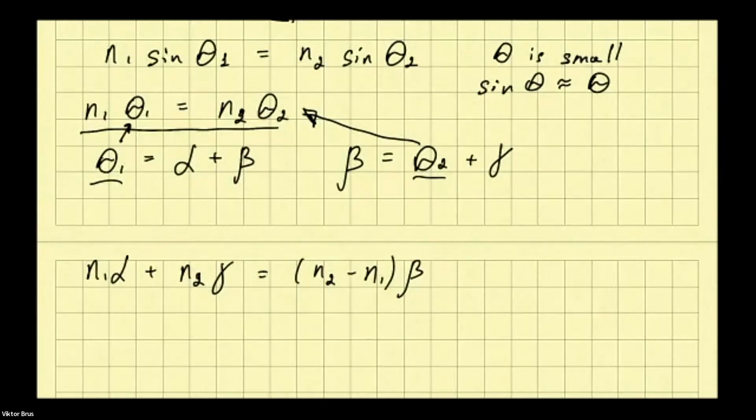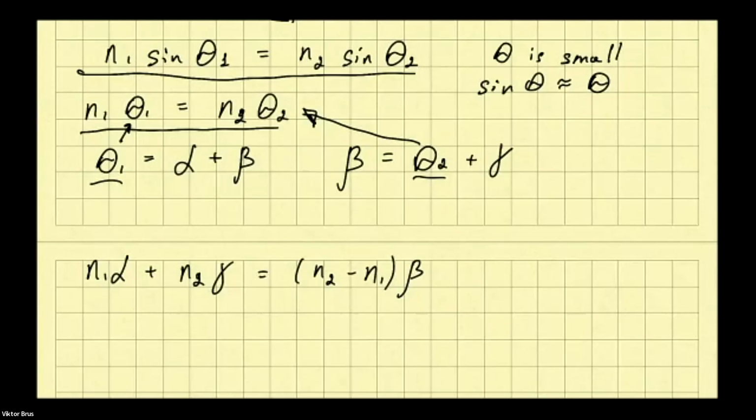So now we have the same initial law for refraction written in just a different form. First, assuming that incident angle θ1 is very small, and second, we express θ1 and θ2 with just a bit different angles. Why do we do that?